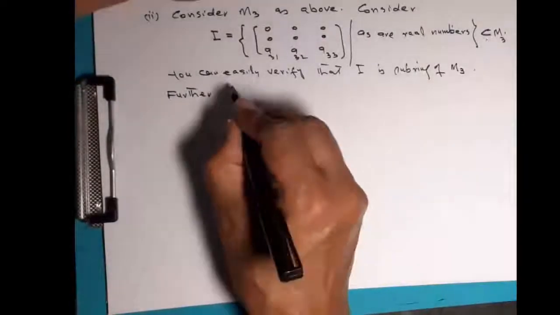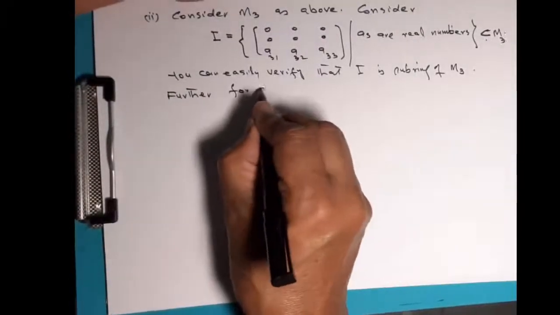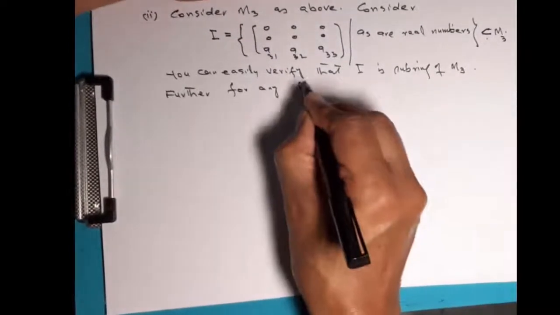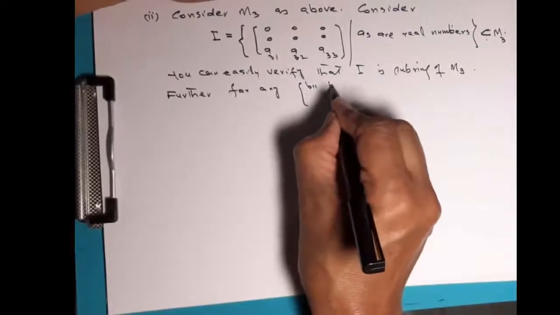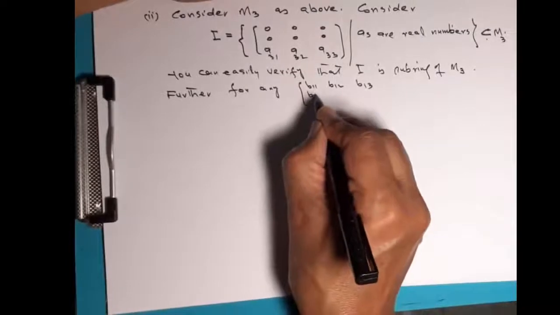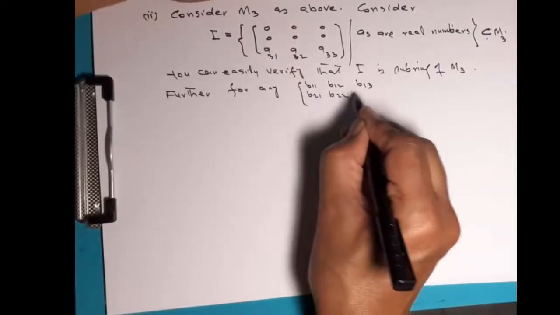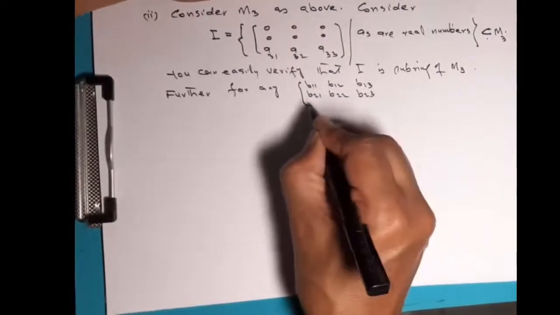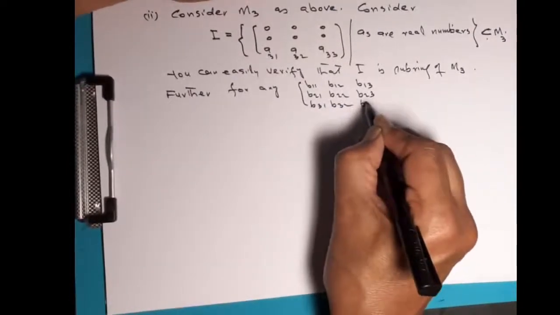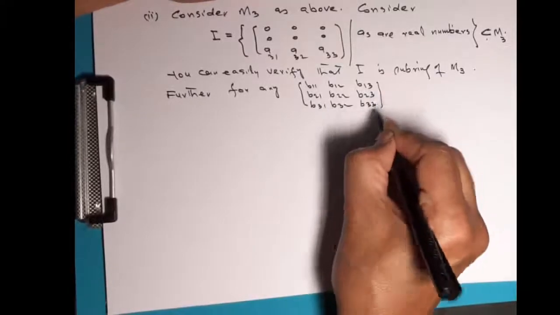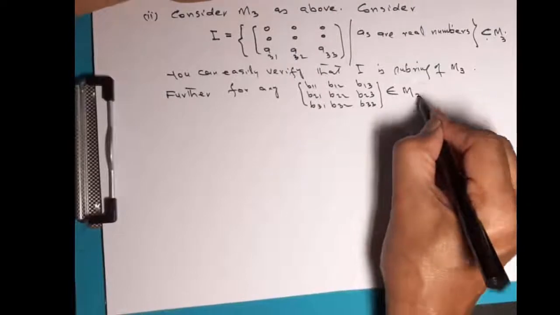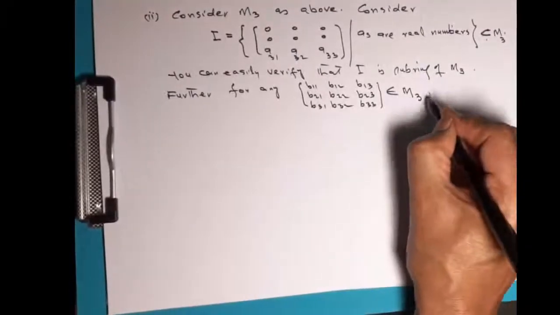Further, for any, let's use the same symbols, B11, B12, B13, B21, B22, B23, B31, B32, B33 belonging to M3, we have.